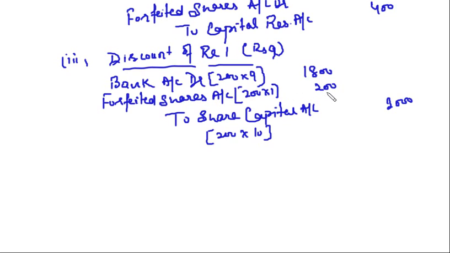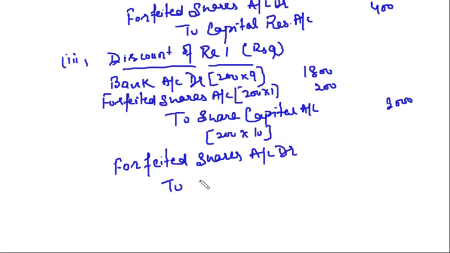Clear? So what happened? What is your capital gain? What is left in pocket 2? Only 200 rupees. So forfeited shares account debit to capital reserve account.